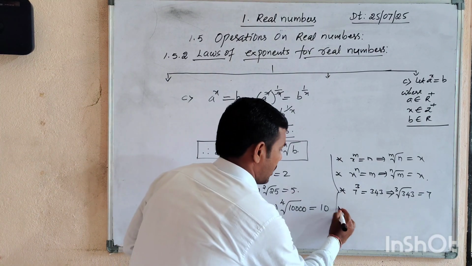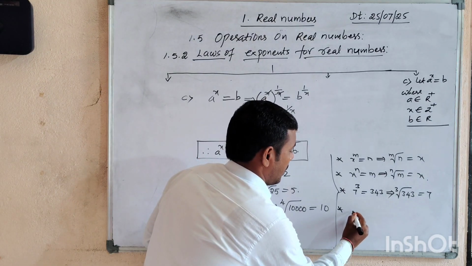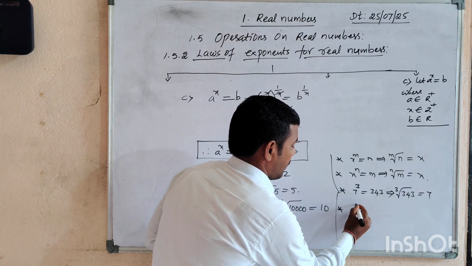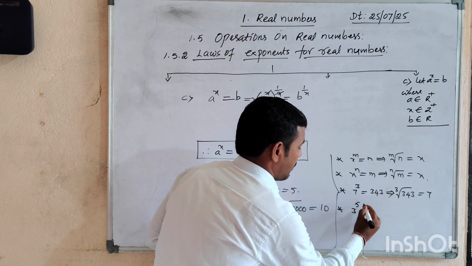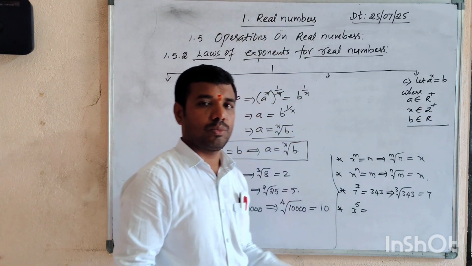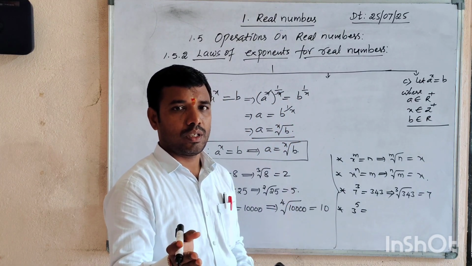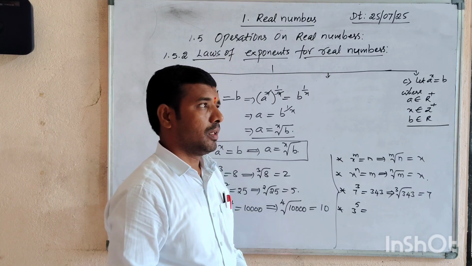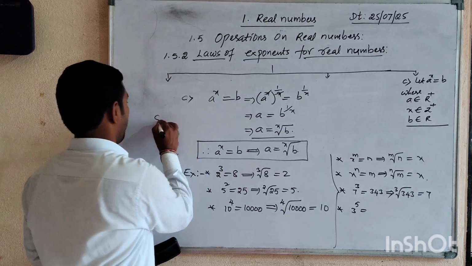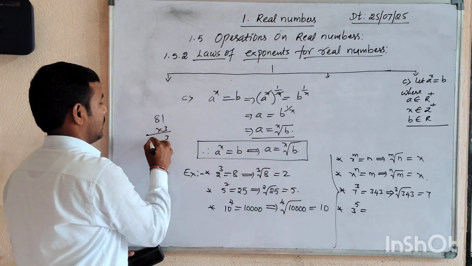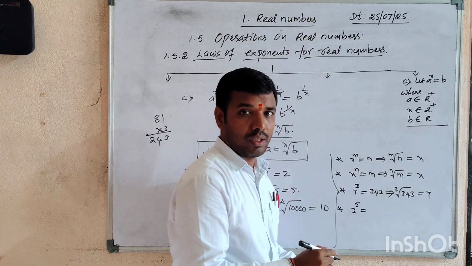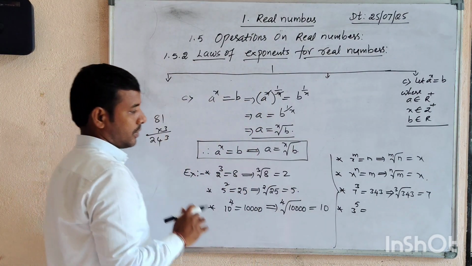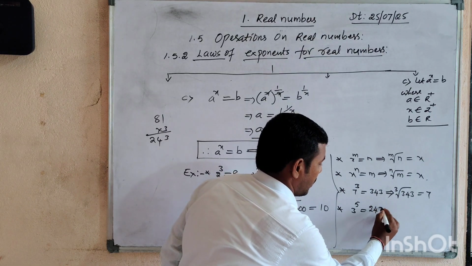Okay, last example. Suppose 3 to the power of 5. Answer how much? 3 3 is 9, 9 3 is 27, 27 3 is 81, 81 3 is 243.